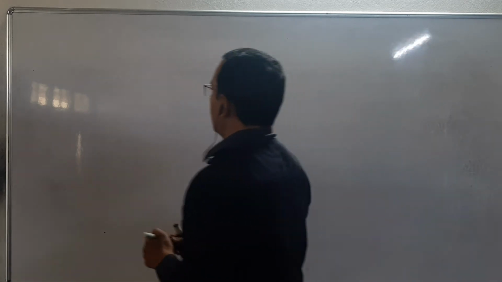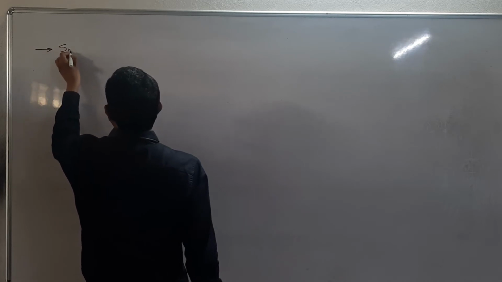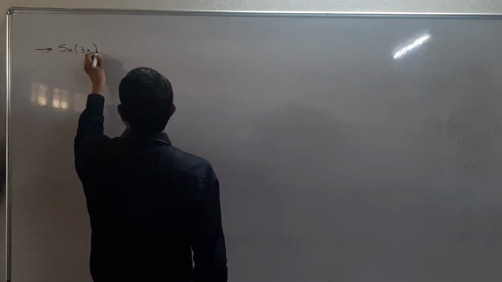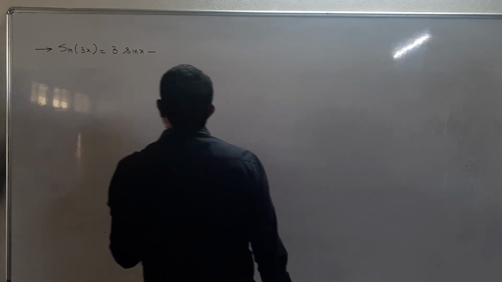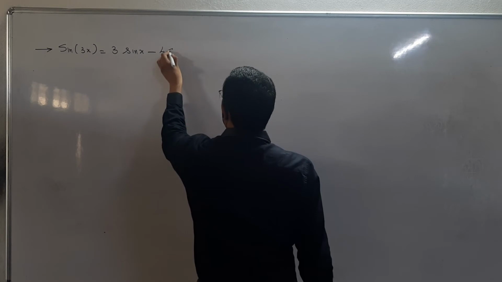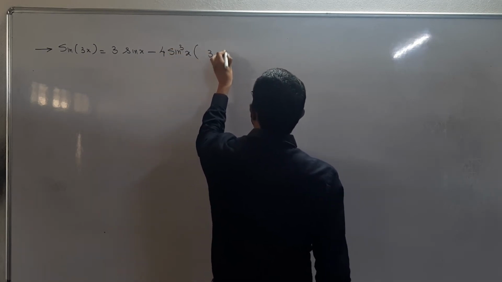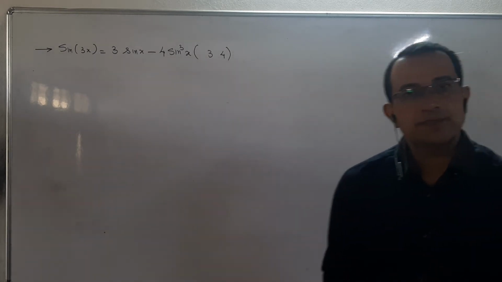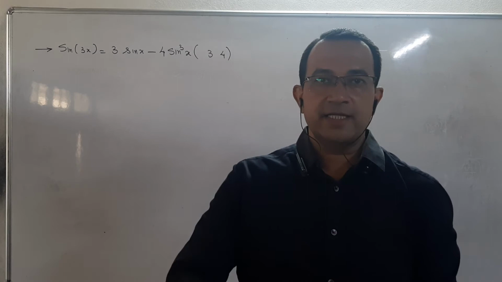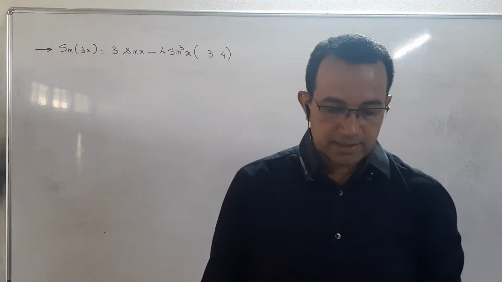The next formula is sin of 3x, it is 3 sin x minus 4 sin cube x. Remember this as 34. We can derive this from the formula of sin x plus y. Take y as 2x, you will get the answer.